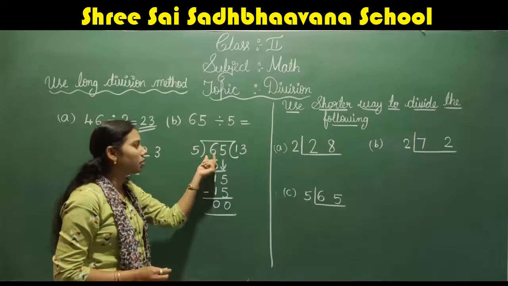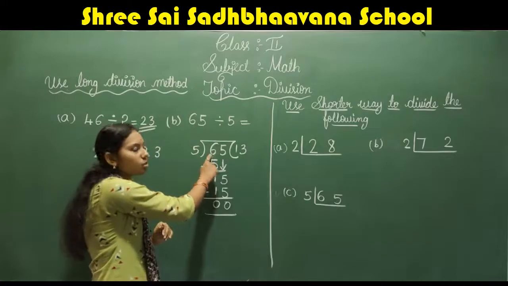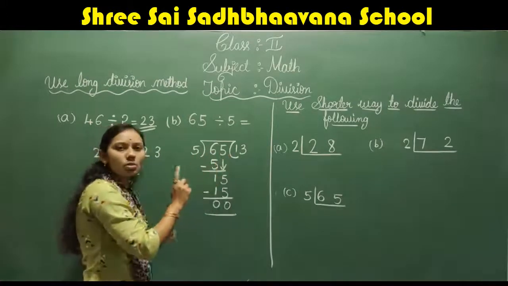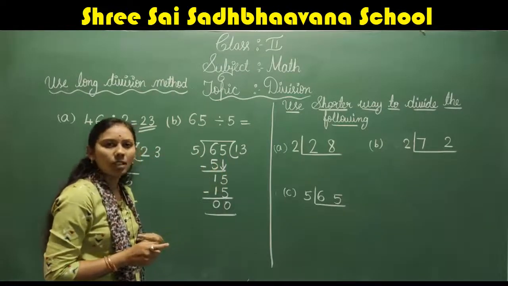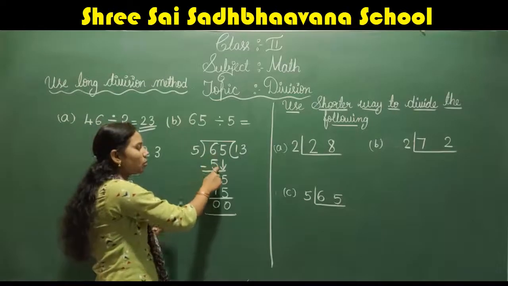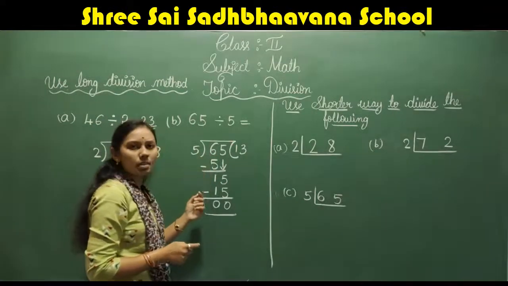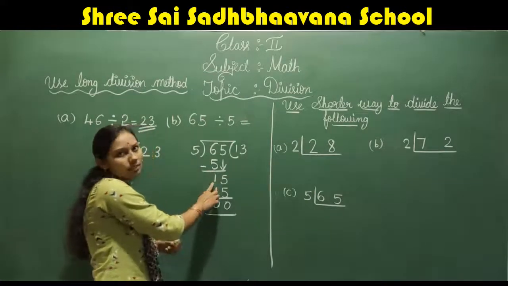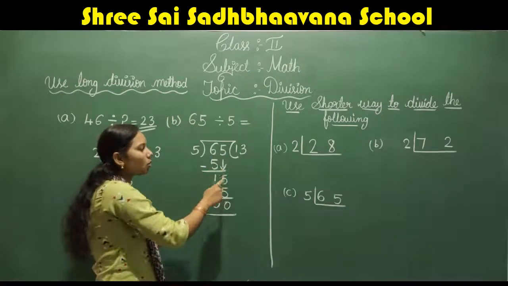That is the number 6. How many times does 5 go into it? Only one time. So 5 ones are 5. Now we are mentally minusing 5 from 6. We are going to get the remainder 1.